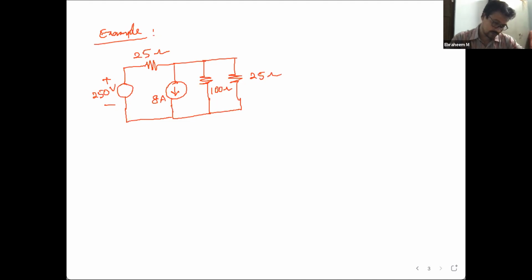The question is to find the voltage V naught across this, using source transformation.